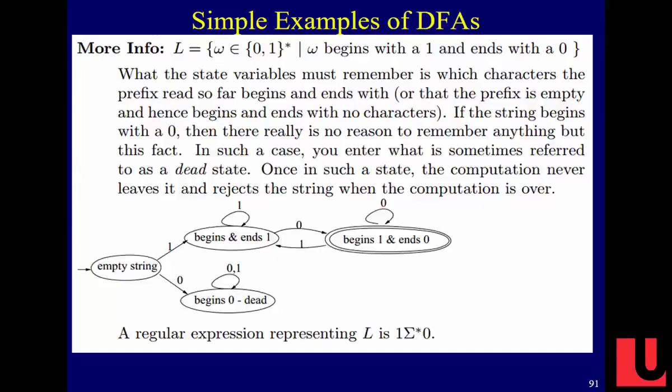I only do that when I'm in the empty string. So when I'm in the empty string, I have to know. And you note here I didn't accept this, because it doesn't begin with 1. Oh, we didn't say who we're accepting. We're only accepting these.